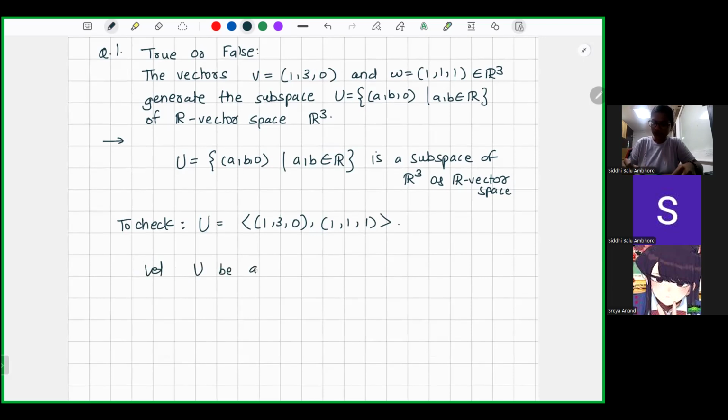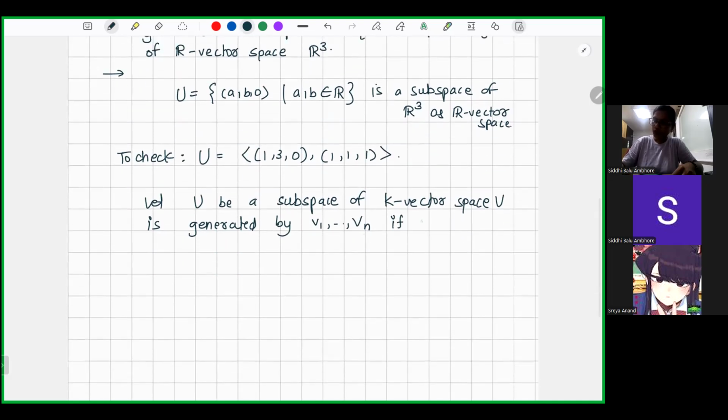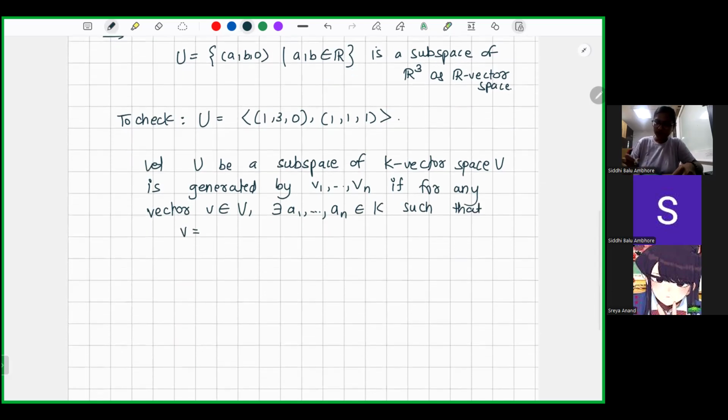Let U be a subspace of a K vector space V. We say U is generated by v1 to vn if for any vector v in U there exist a1 to an in K such that v is equal to a1 v1 plus up to an vn.